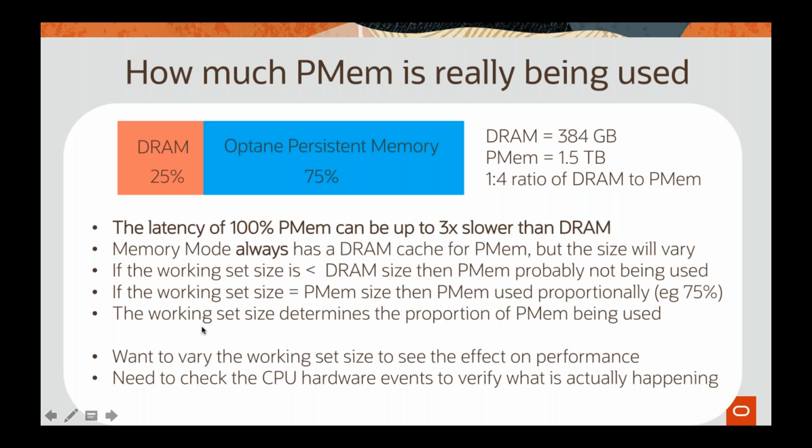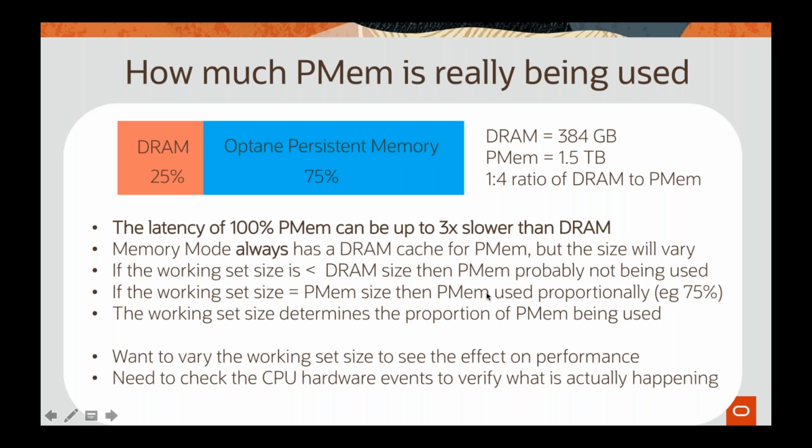What that means is the working set size of your running application will tend to determine the proportion of persistent memory being used. So to find out how efficient this is, I came up with a series of benchmarks where I varied the working set size, and then I measured the latency and throughput for reads and writes using the ×10 in-memory database as the application.